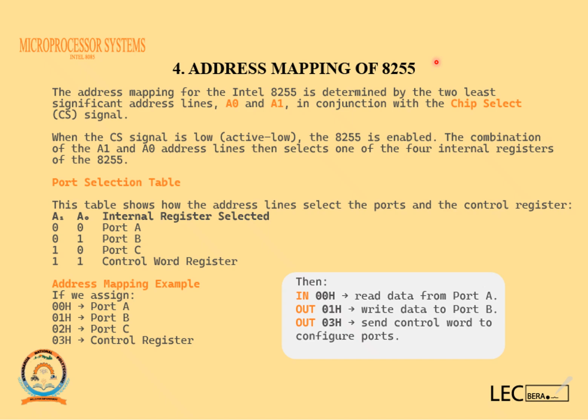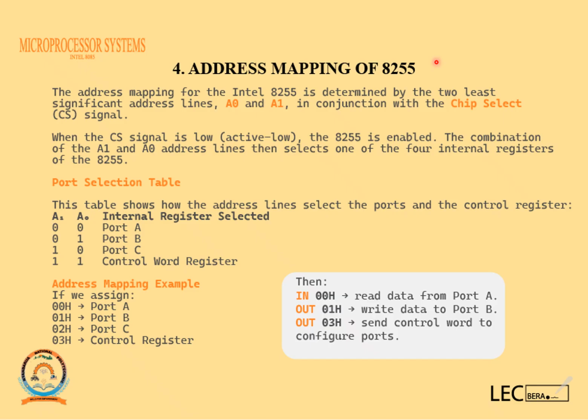And we are going to see which special instructions we can use to configure the 8255. The address mapping for the Intel 8255 is determined by the two least significant address lines, that is A0 and A1, in conjunction with the chip select signal, which is the CS signal. When the chip select signal is low, that is active low, the 8255 is enabled.